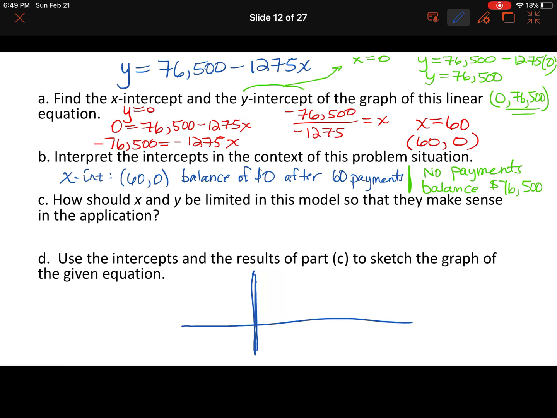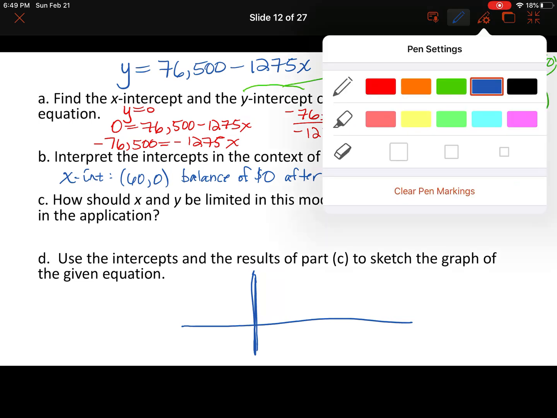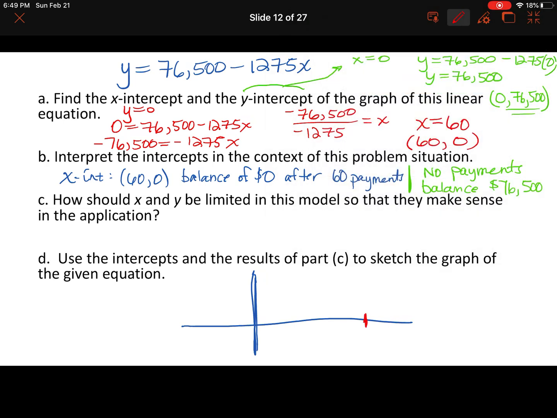Graphing, all right, we have, let's say that this is 60, and way up here is way up there.